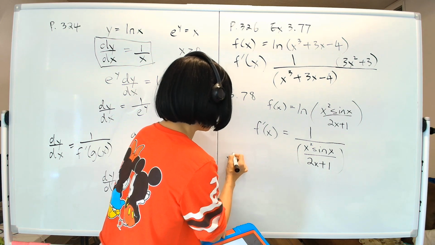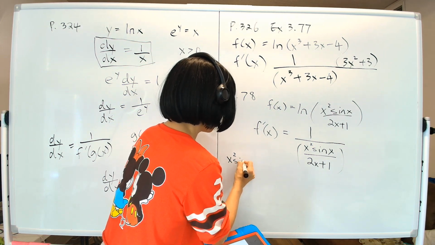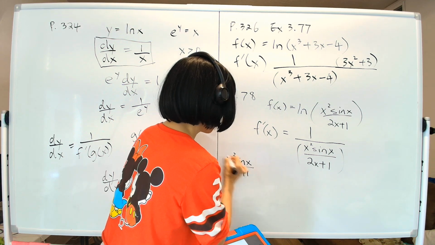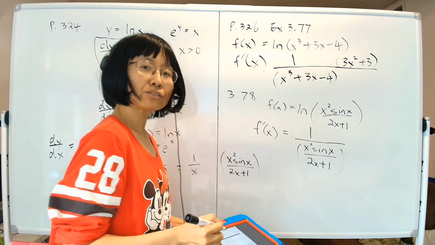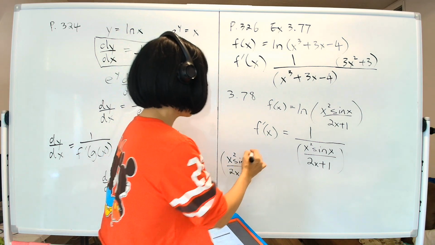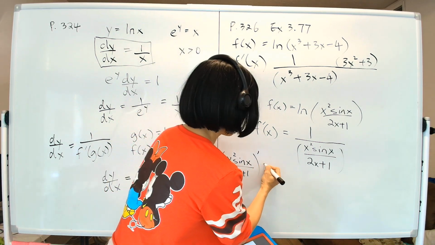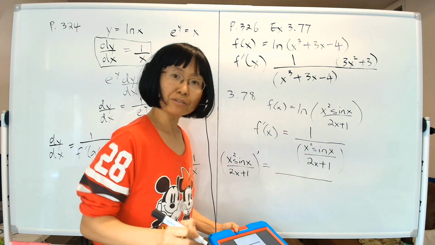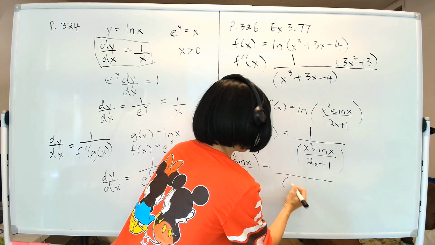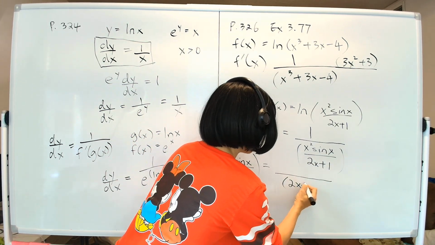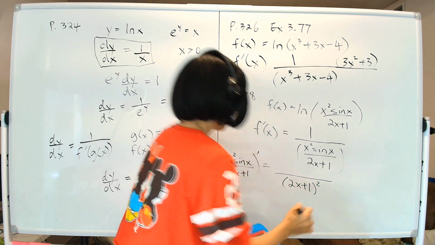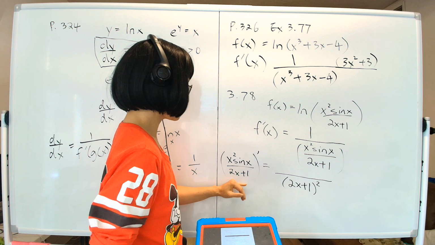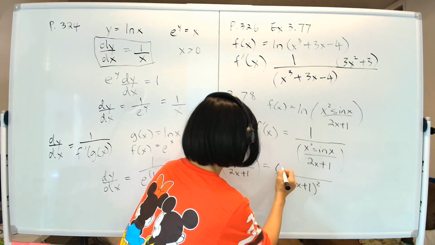Okay, the derivative of this thing, sine of x over 2x plus 1, equals, okay, what's the derivative? That equals, following the quotient rule, denominator squared, 2x plus 1 squared. The quotient rule says take the bottom times the derivative of the top.